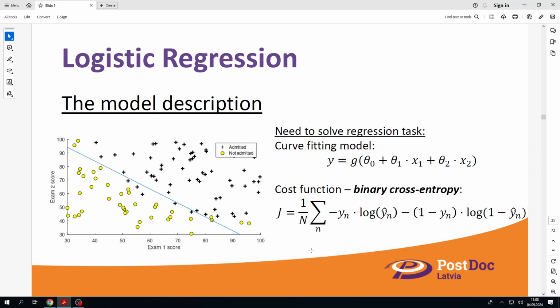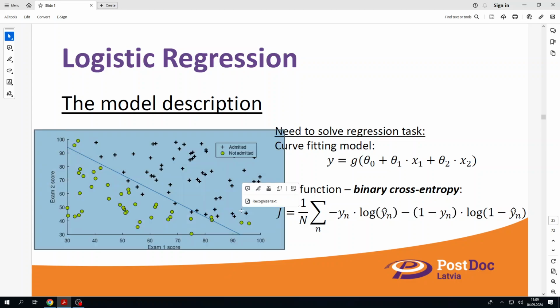Normally we would find the solution as this straight line, giving you numeric values not in the range from 0 to 1, but after you apply a sigmoid function here, it will be from 0 to 1, representing accordingly the probability of being admitted. As you can see, this straight line is not the best solution because we have some incorrect points here: this should be above the line, whereas this should be below the line.